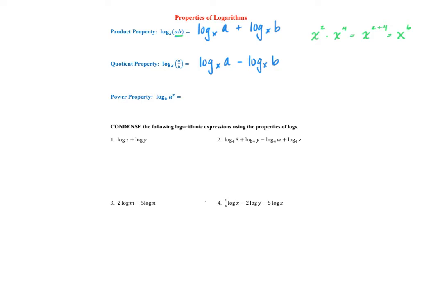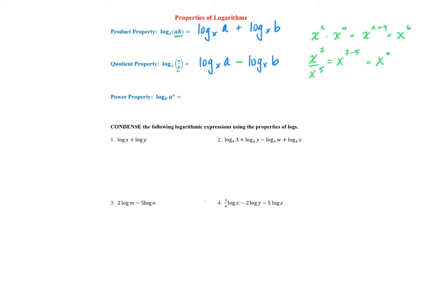If you say, for example, x to the 7th over x to the 5th, if you are dividing those bases, then you subtract the exponents. 7 minus 5 would equal 2. So when you are looking at a quotient in the argument, we subtracted the two logs. And when you're looking at a quotient or division, whether with log expressions or exponential expressions, you subtract the exponents.